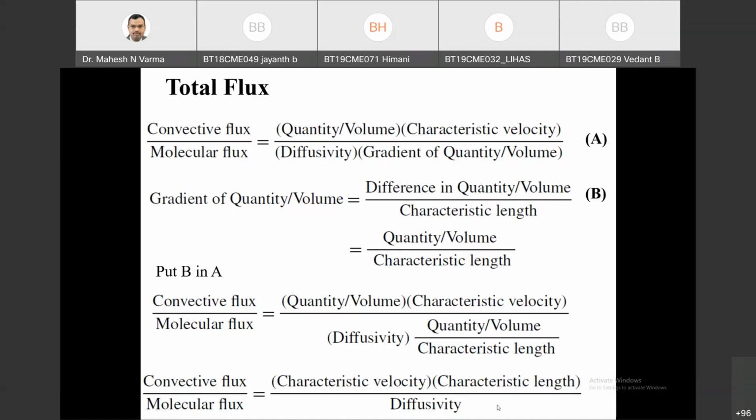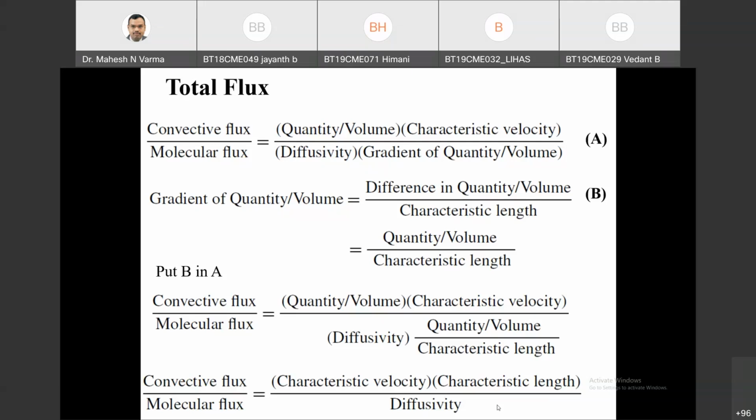VL divided by DAB, or V into length divided by mu by rho. Similarly in heat transfer, it will be velocity V, length L divided by the diffusivity.